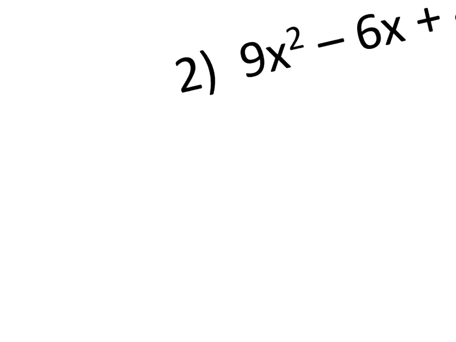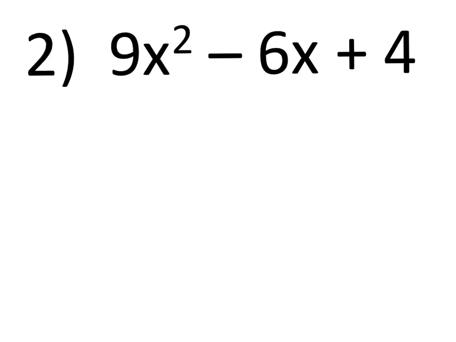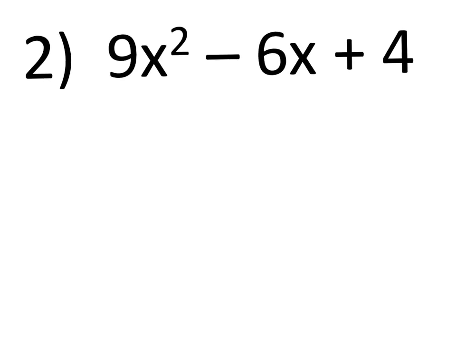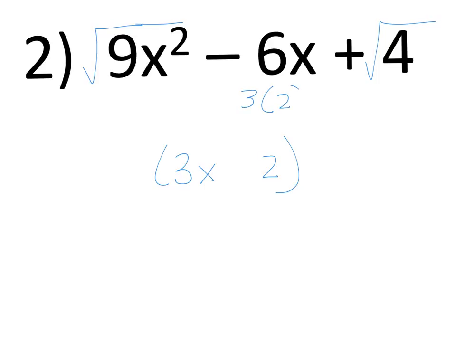So let's go over to number 2 here, and let's take a look at this guy. We're just going to shortcut it, okay? The square root of 9 is 3, so I have technically 3x, because I've also got the x squared there. The square root of 4 is 2, okay? Now I've got to double check. Square root of 9 was 3, square root of 4 was 2, and then I'm always going to multiply that by 2.